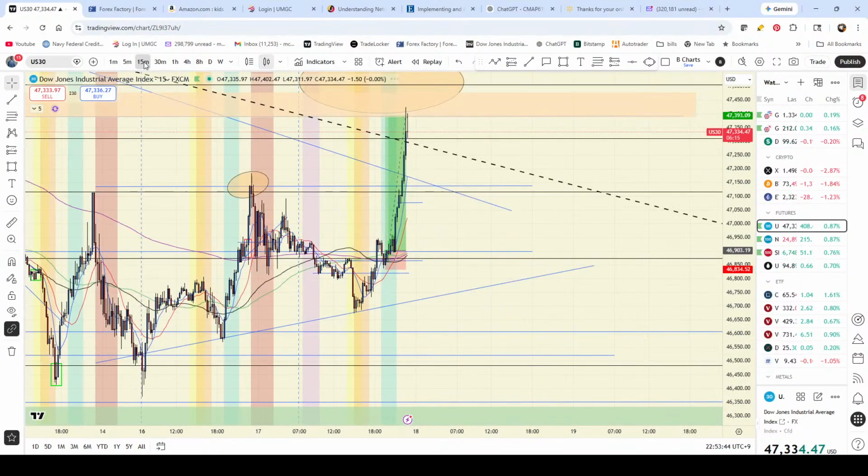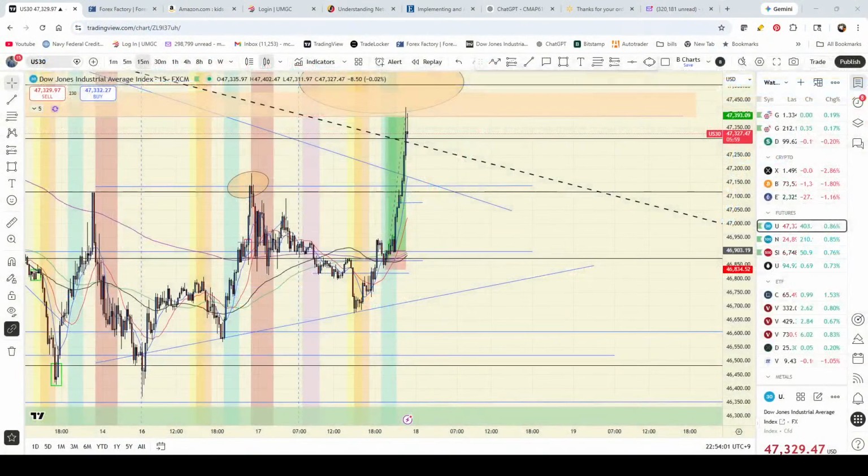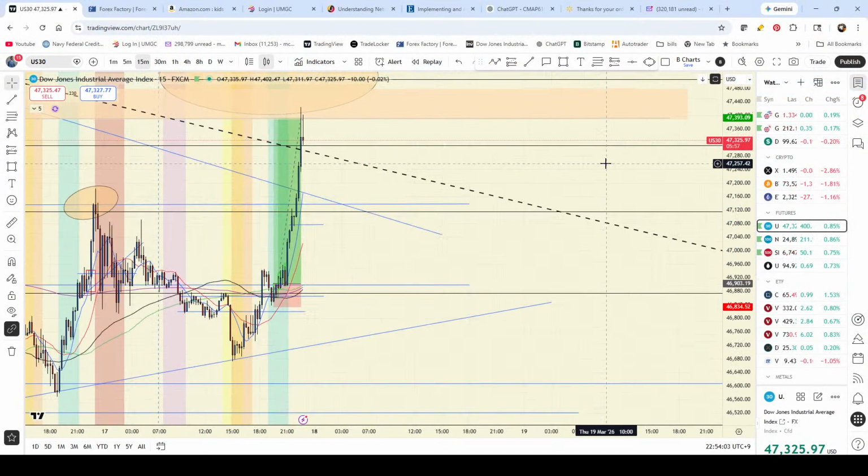Let's see how it's looking on the 15. All right. So my stops are in place. All right, let's go back to the 15.